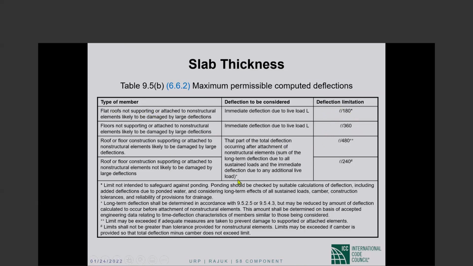The second set of limits applies to that part of the total deflection occurring after attachment of non-structural elements. So that would be the sum of the long-term deflection due to all sustained loads and the immediate deflection due to any additional live load. Okay, all of that we went over in discussing beams.